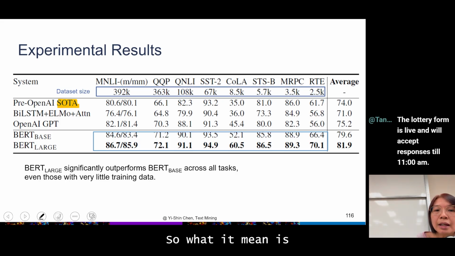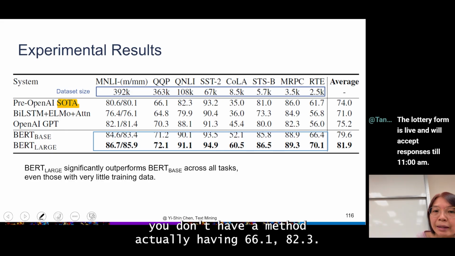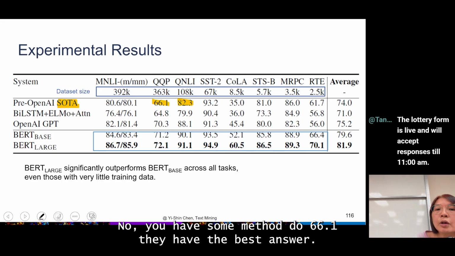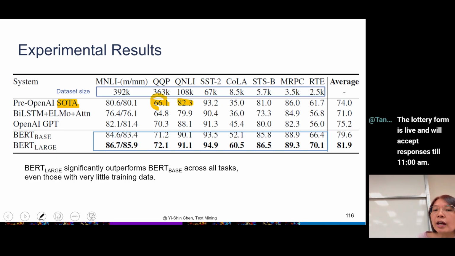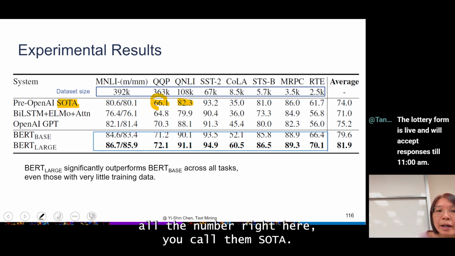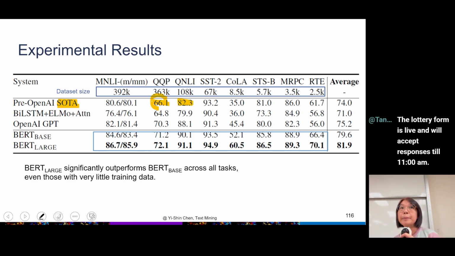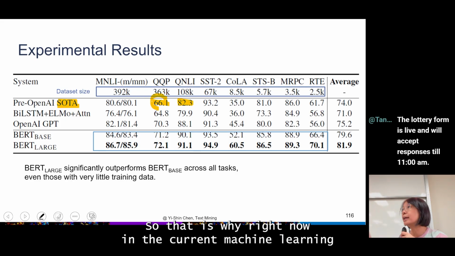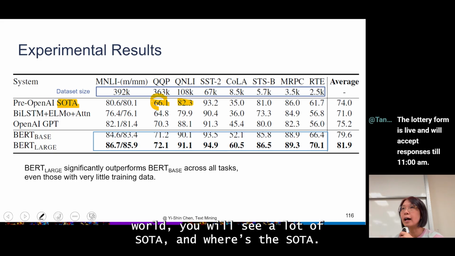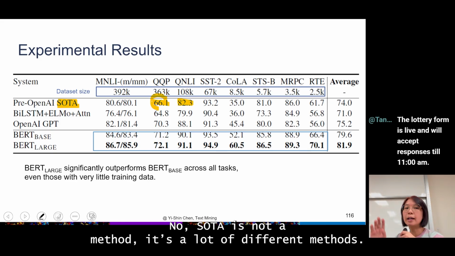So what it means is you don't have one method actually getting 60.1 and 82.3, no. You have some method doing 60.1, which has the best answer, and another different method doing 82.3. So by combining all the numbers right here, you call them SOTA. That is why right now in the current machine learning world, you will see a lot of SOTA. And where is the SOTA? No, SOTA is not a method. It's a lot of different methods.